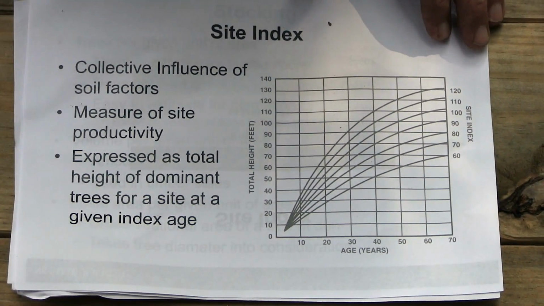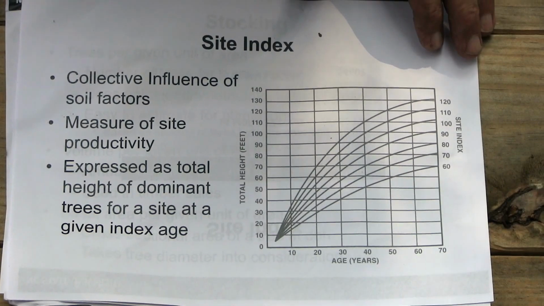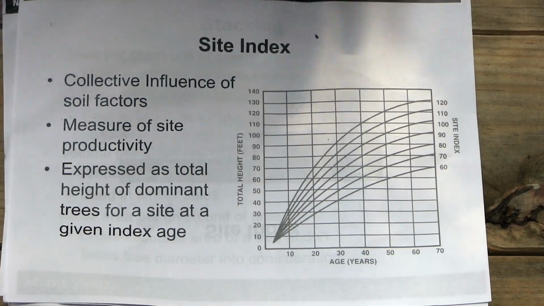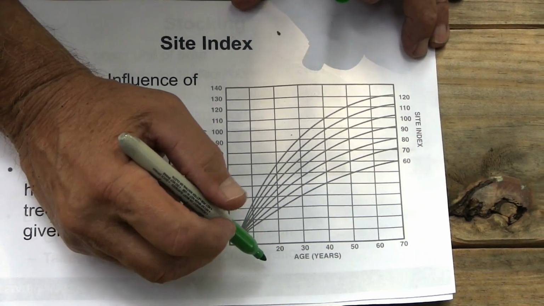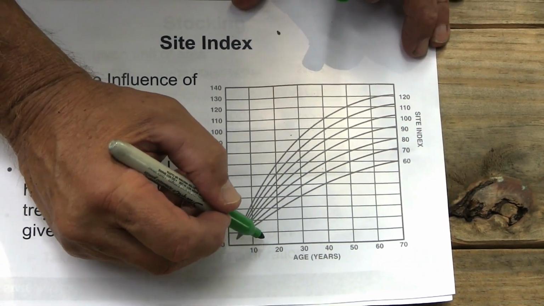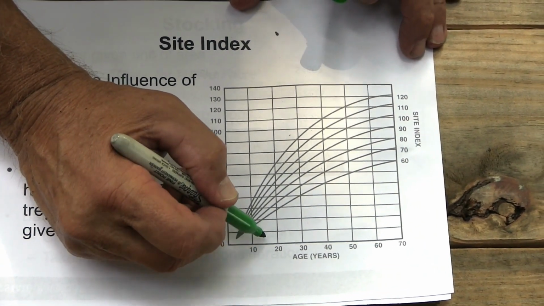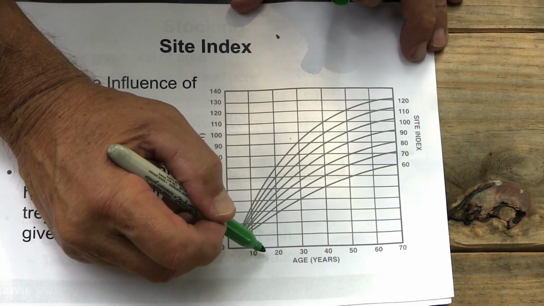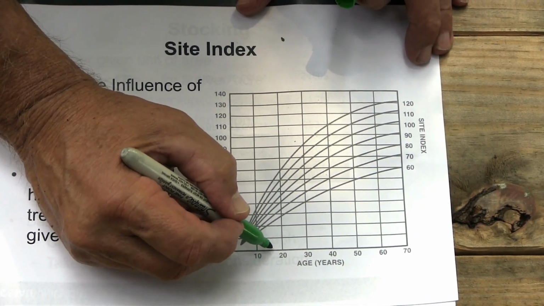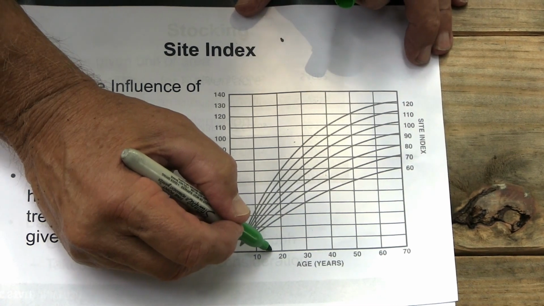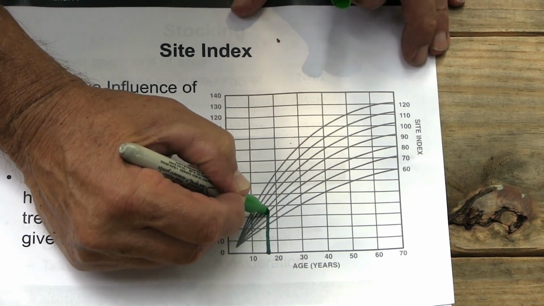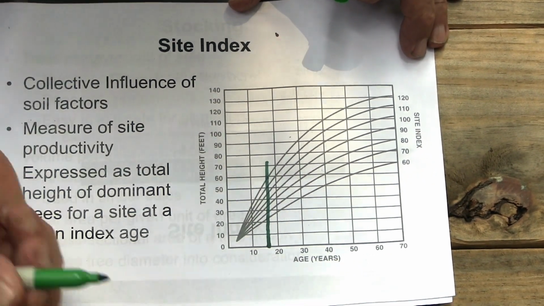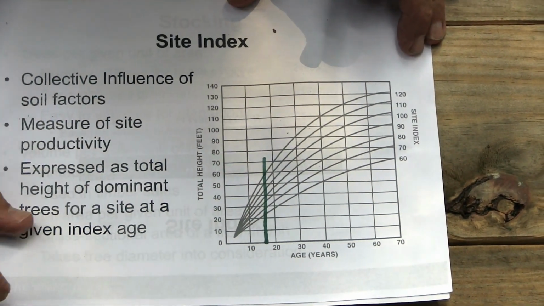So we'll show you how this works based on the measurements that we took from the last tree. So we said that the tree was 16 years in age. We counted 13 rings, and we added 3 for the age it took to get to breast height, so a little bit beyond halfway. So we're going to draw a line here, a little beyond 15, and we're going to go straight up.